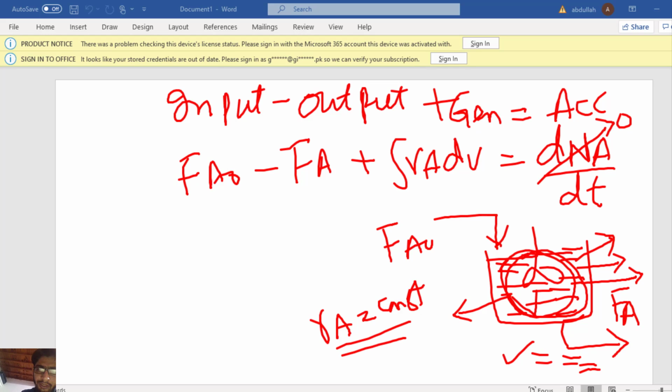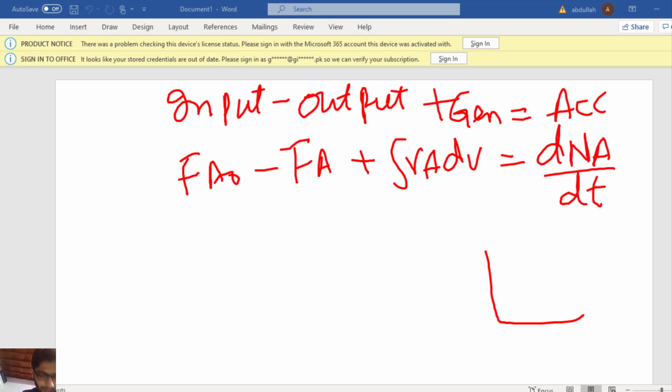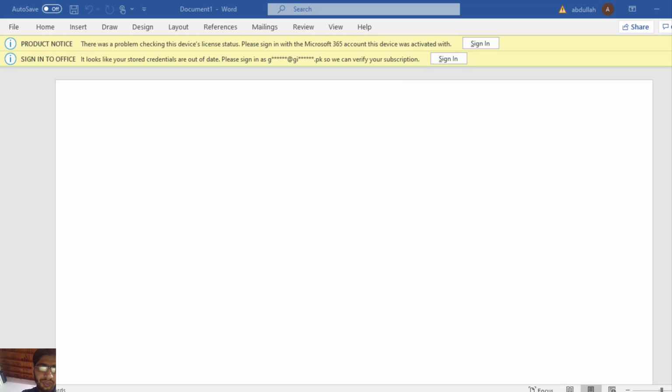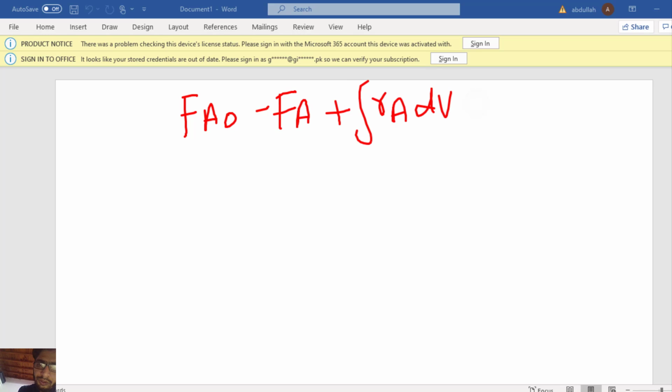So this term is 0 for a steady state process. Now what will be the mole balance for component A? FA0 minus FA plus generation is equal to accumulation of A. At steady state this term is 0.